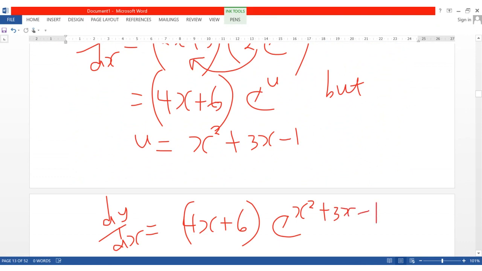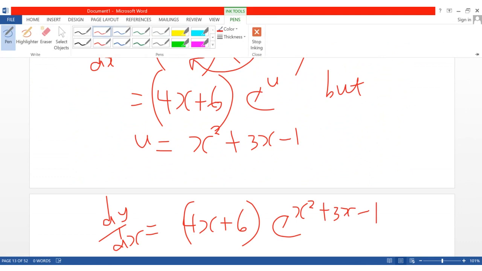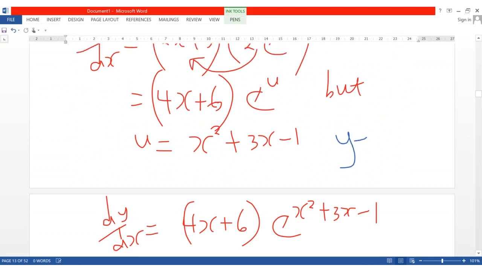So again, let me give you the function that we had before. This is what we had: 2 exponential x squared plus 3x minus 1. When you differentiate exponential, this one will still remain the way it is. Then you come and differentiate the power.